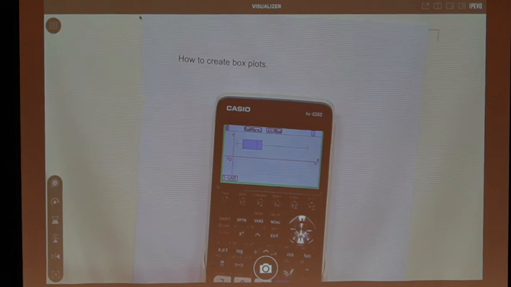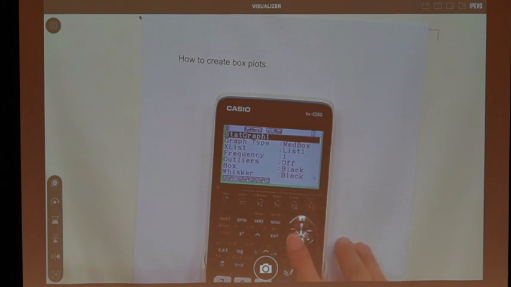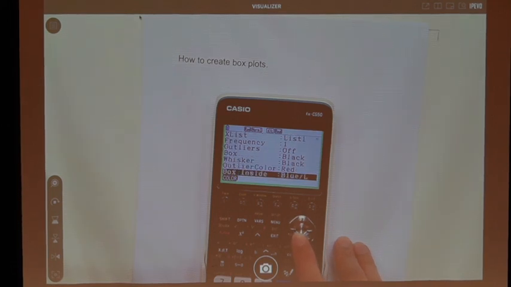Yes, Evan? How fancy? So you go to Setting. Alright, so we go down. You want the color of the box to be pink. So we go down there, you can see box inside.